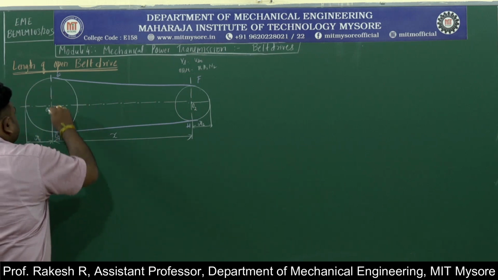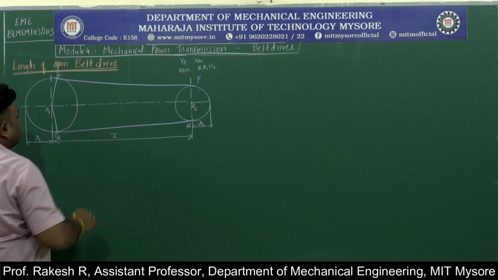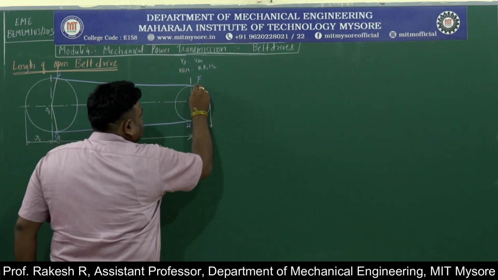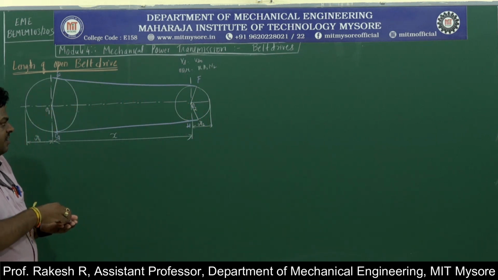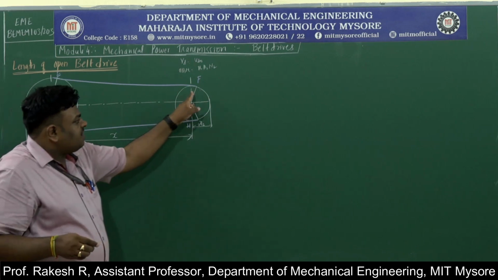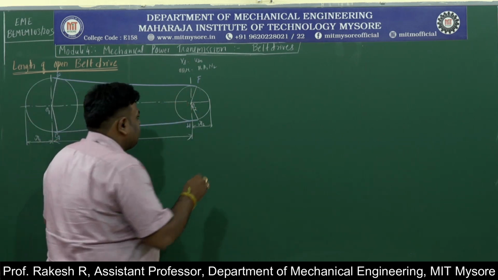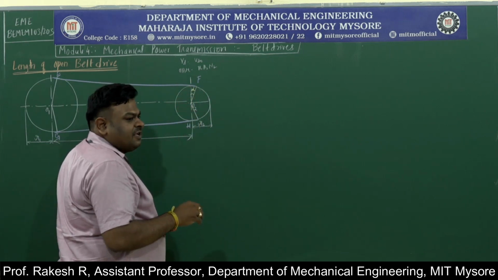Then I will join these points with the center. I will join these 2 points with the center, and again these 2 points to the center. Another most important thing is this angle I will be calculating. This angle is nothing but the angle of the driven pulley, alpha.